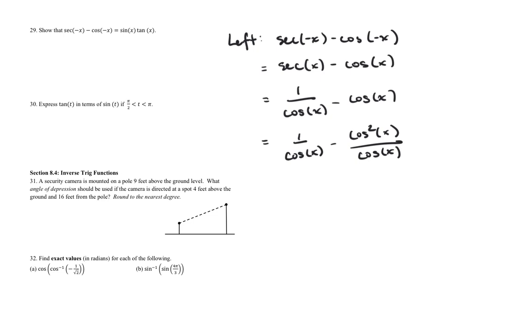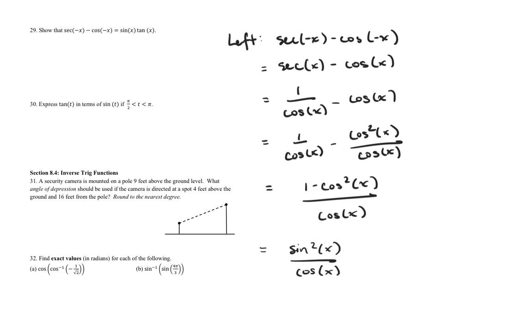So now I can combine my fractions, and I get 1 minus cosine squared of x, all divided by cosine of x. 1 minus cosine squared of x is the same thing as sine squared of x over cosine of x.